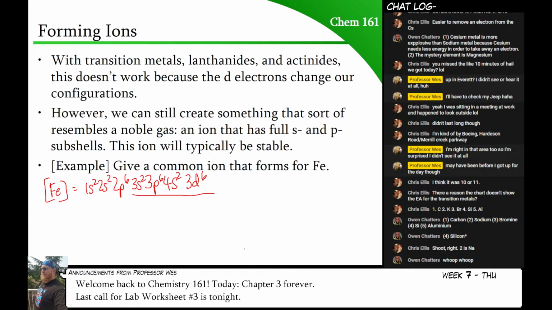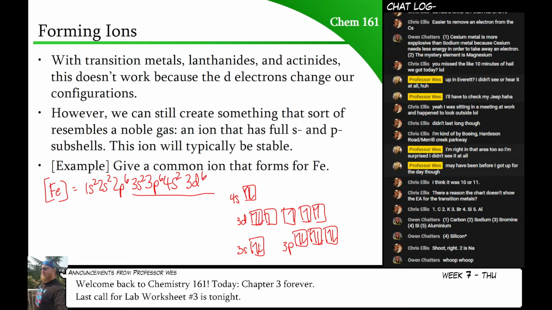So we'll do 3s, 3p, and then we'll put 3d up here, even though it's not that much higher, and then 4s. And I'm not really doing these in the right order. That's okay, because all these energy levels change anyway. All right, so 4s2, 3d6.